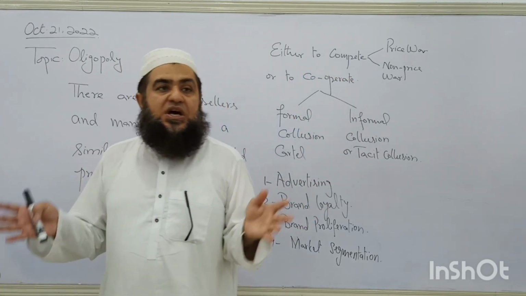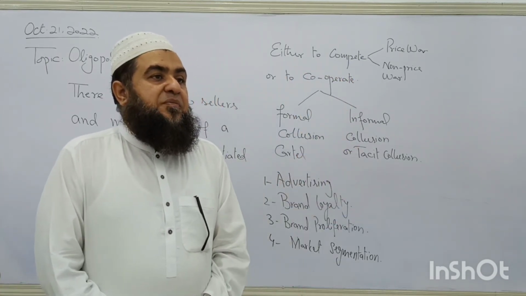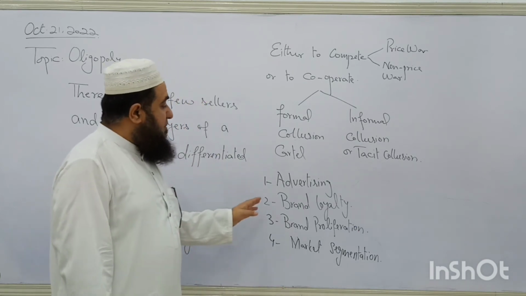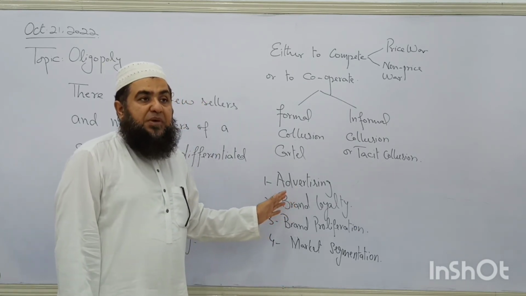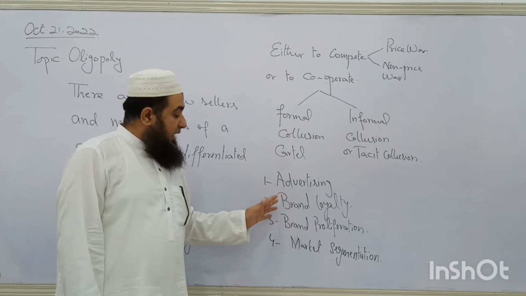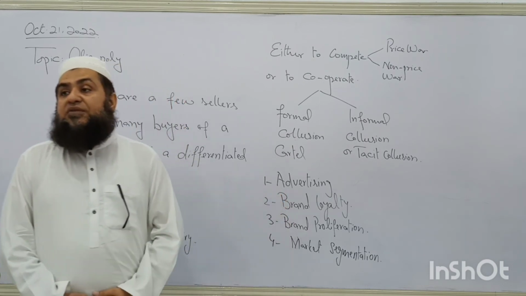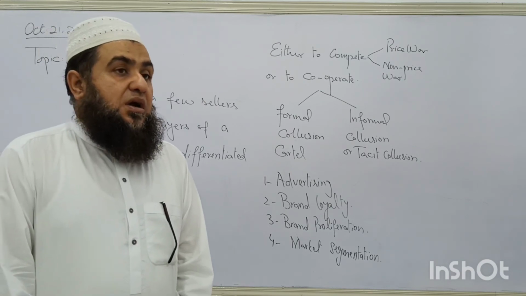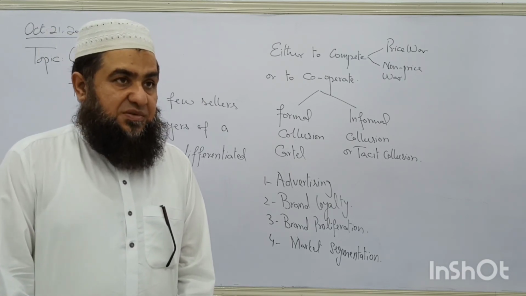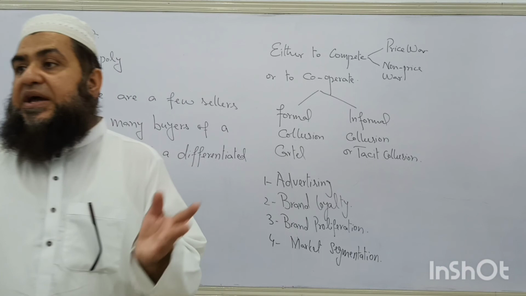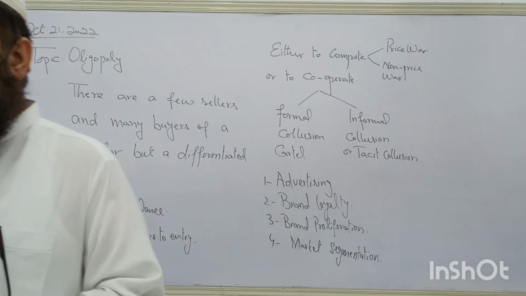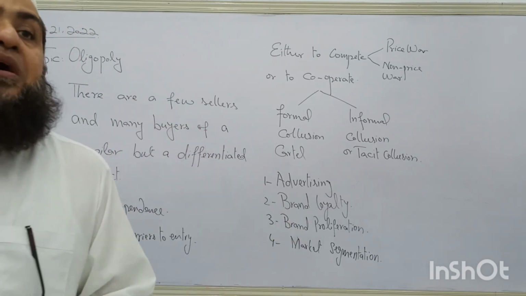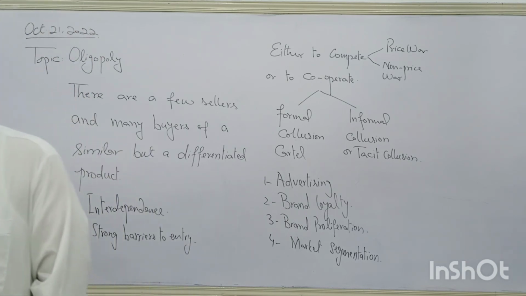The products which are advertised, the people will become very much brand loyal, and many branded items are supplied, and at the same time we are covering the market niches, and then we will have the market segmentation as well. So these can be the barriers which are present in case of oligopolistic market structure. What else can be there?